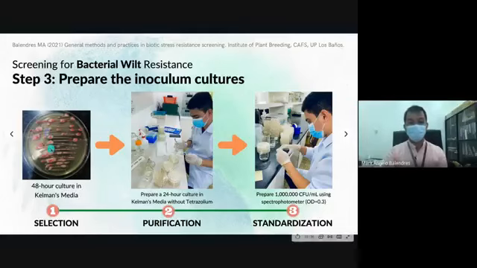So you pick one that looks really like Ralstonia, and then you streak that onto a new Kelman's media, but without tetrazolium. So this material will not show any pinkish appearance anymore. Within 24 hours, it will just have a whitish appearance, just like this one. And then you standardize that using a spectrophotometer.